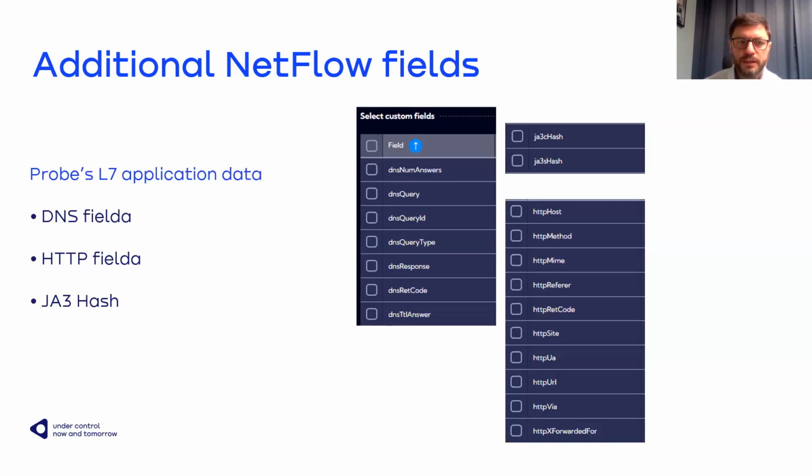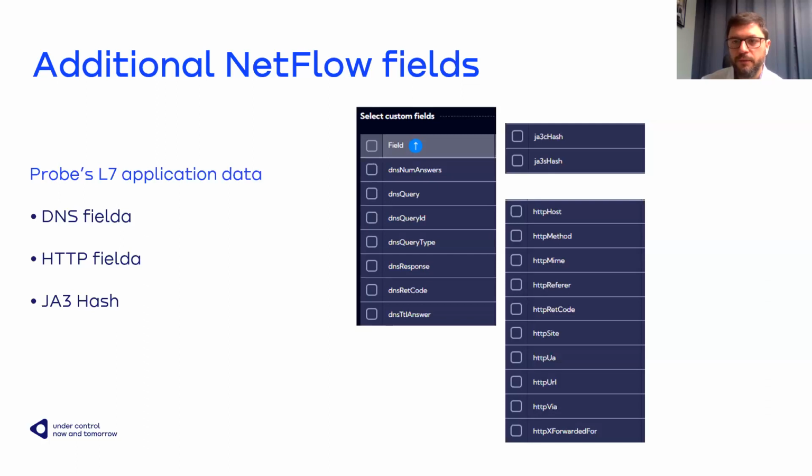The probe can also analyze HTTP communication to show the communication for the HTTP application, and can analyze the JA3 hash to categorize the communication and find suspicious communication.